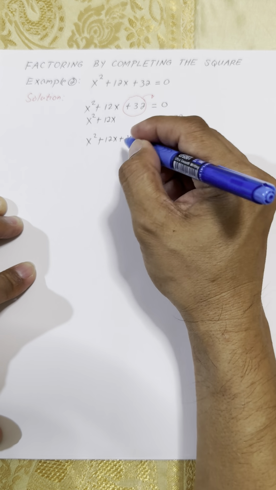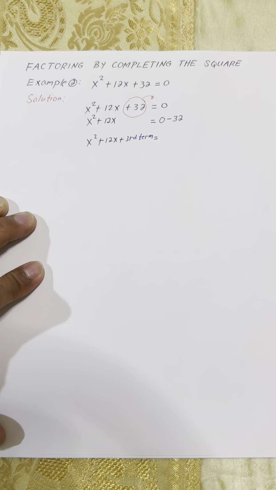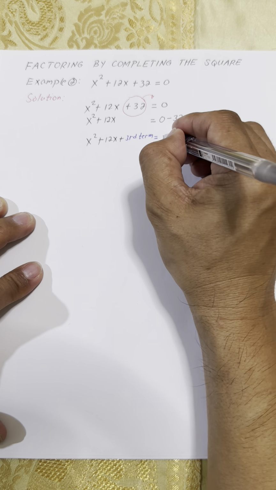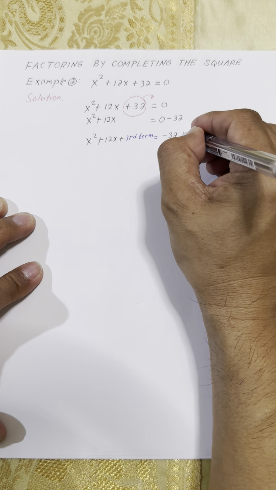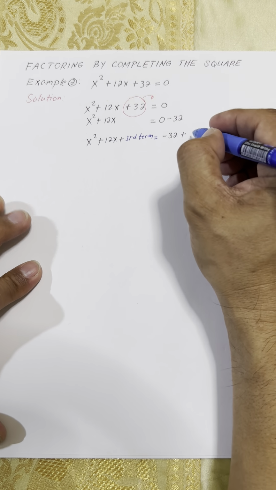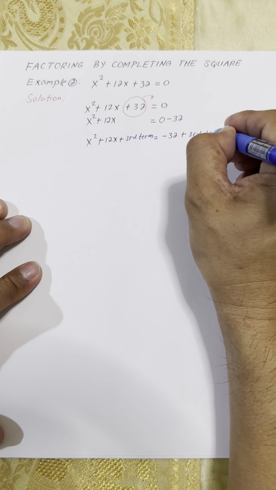Then once you get the third term, you also have to add the third term on the right side. So we have here 0 minus 32, so that is minus 32. Then whatever the third term you add here on the left side, we have to add that also on the right side. So plus third term.